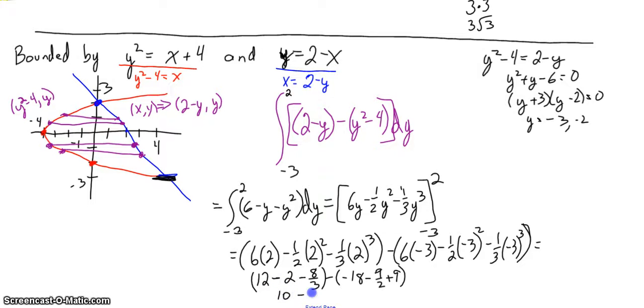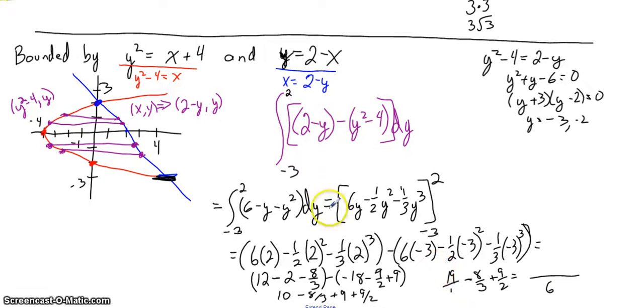So 10 minus 8/3, and that's really plus 9, plus 9/2. That's just 19. So 19 minus 8/3 plus 9/2, so something over 6.